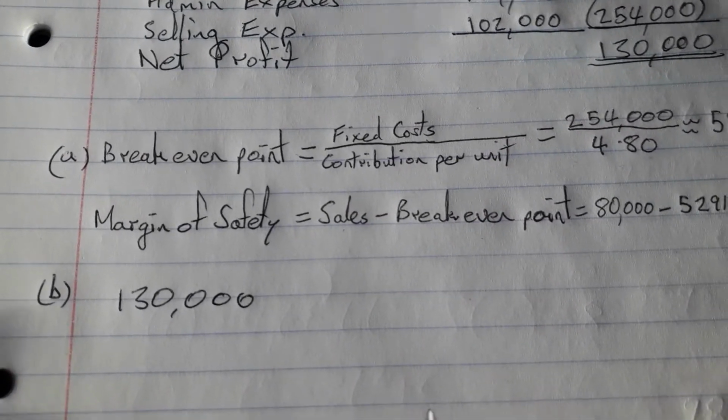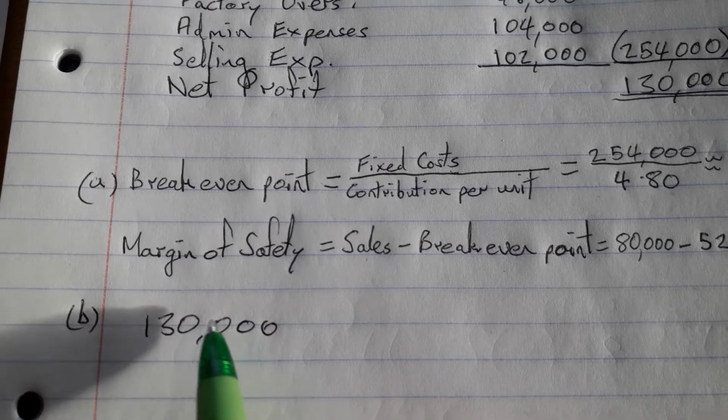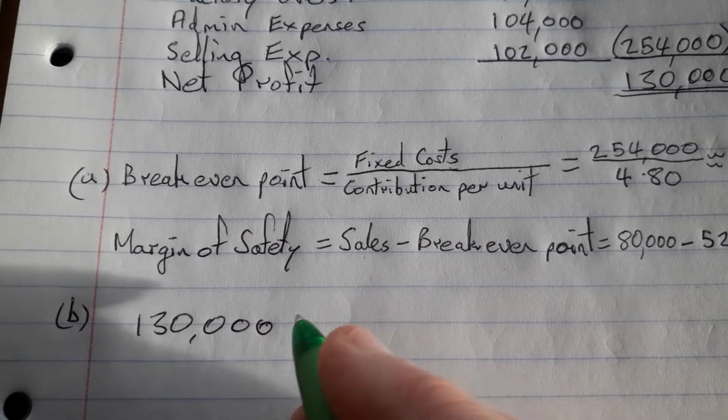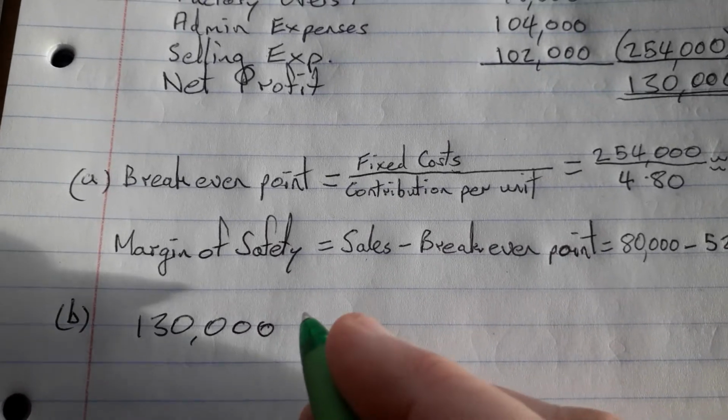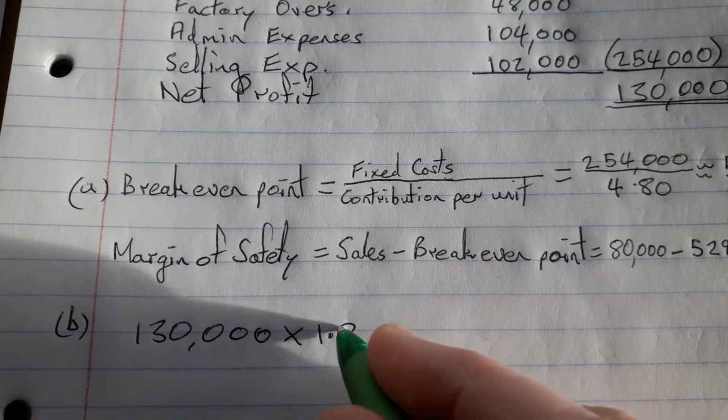And the way you could increase that by 20% is you could get 20% of it and add it on. Or what I like to do is get 120% in one go by multiplying by 1.2. But whatever way suits you.